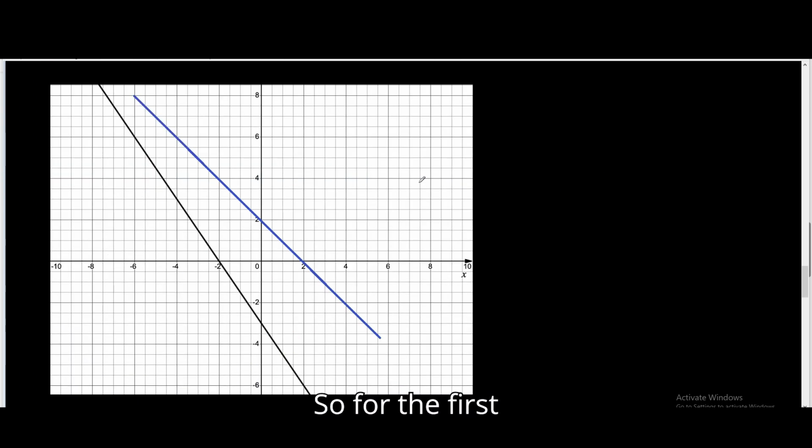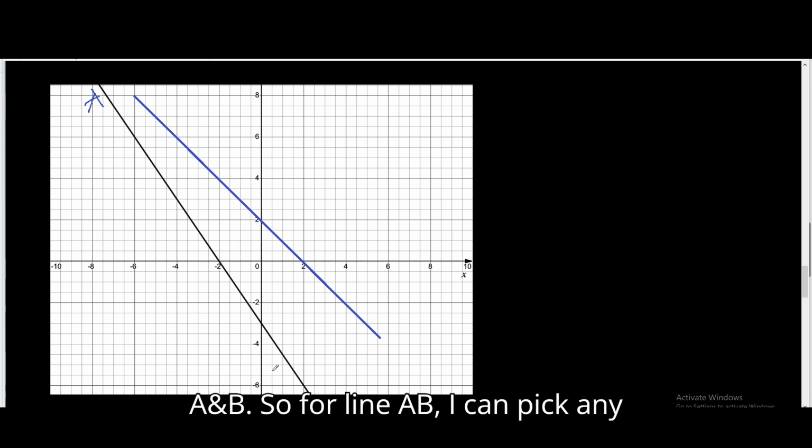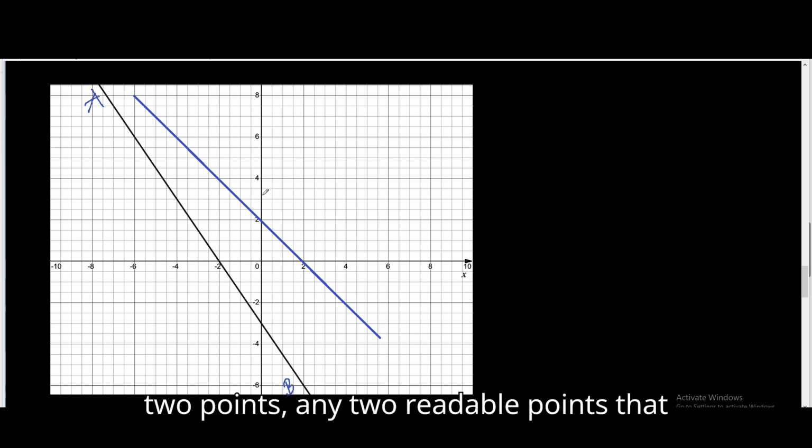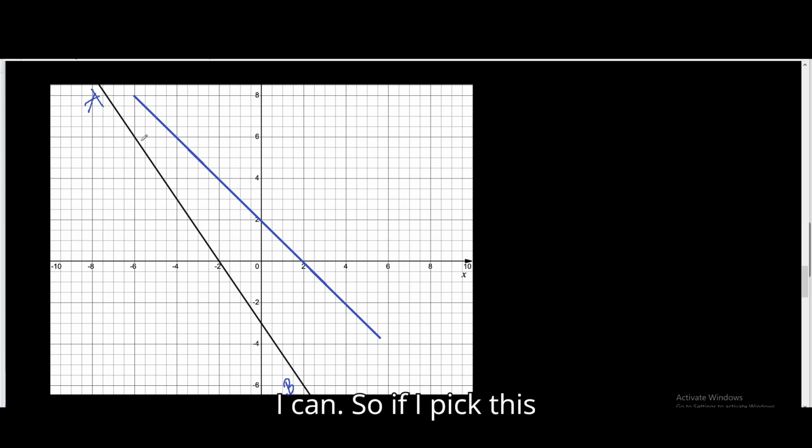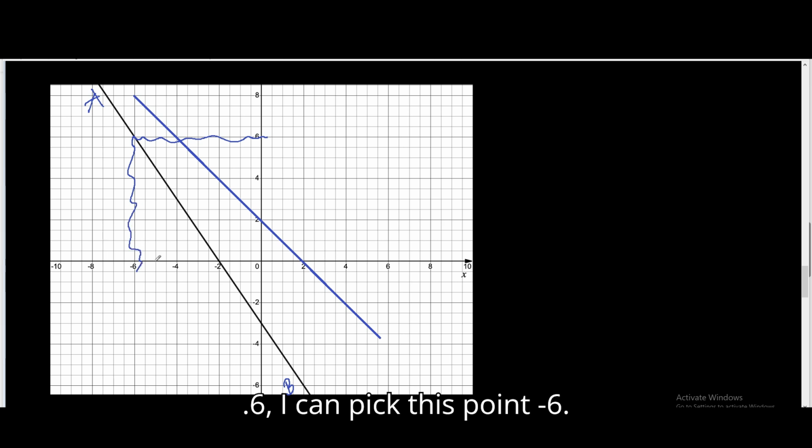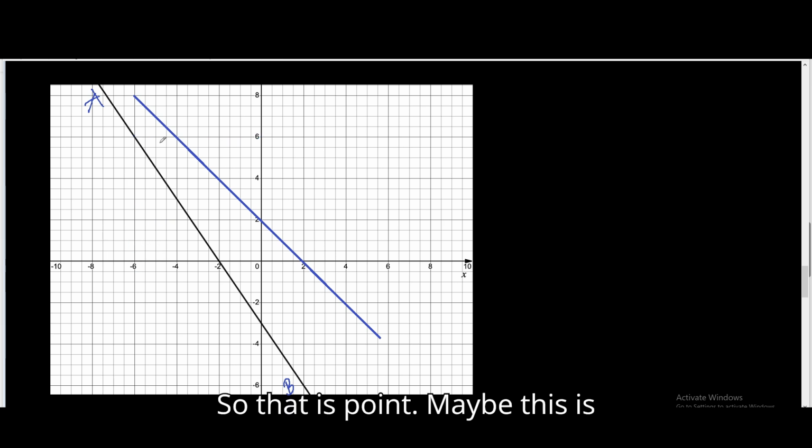So for the first one, let me label line A and B. So for line AB, I can pick any two readable points that I can. So if I pick this point 6, I can pick this point minus 6. So that is minus 6, comma 6.